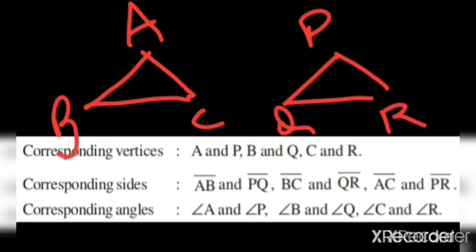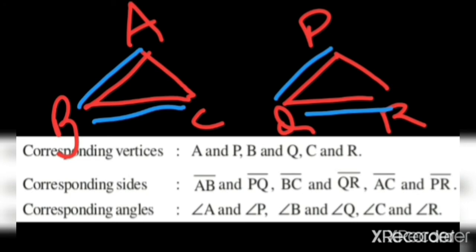Corresponding sides are AB and PQ, BC and QR, and the corresponding side of line segment AC is line segment PR.